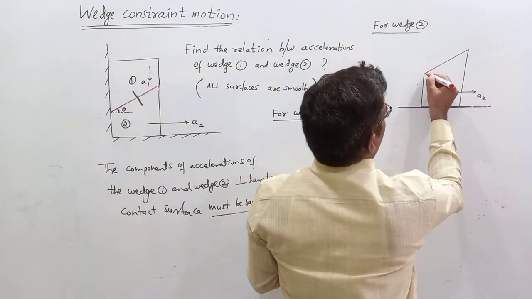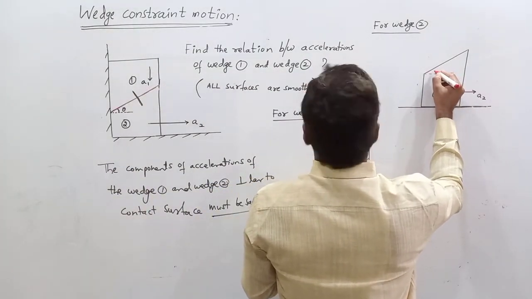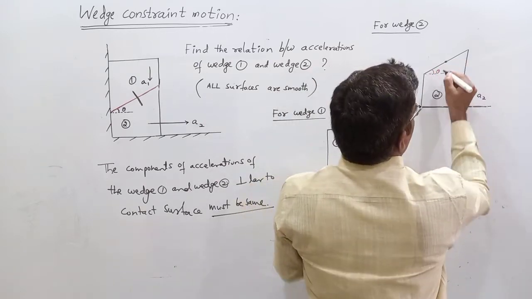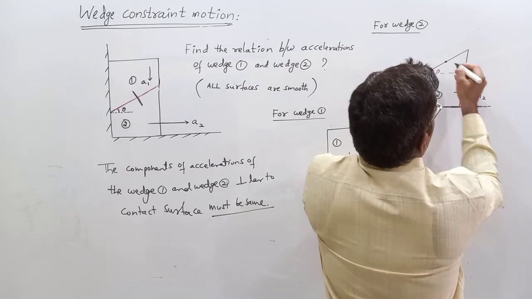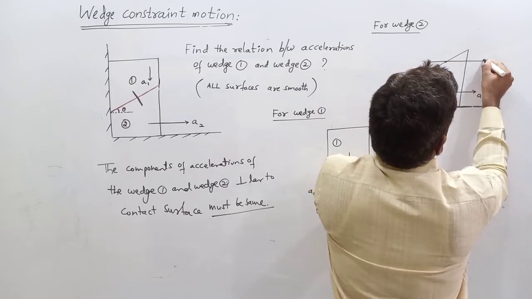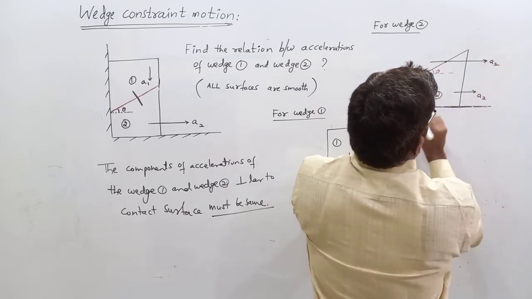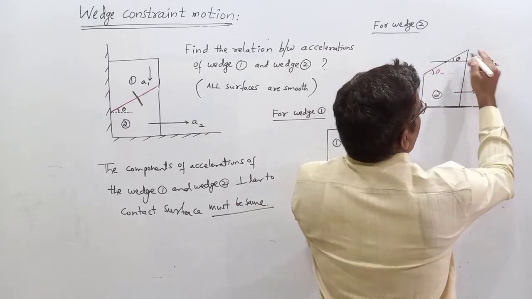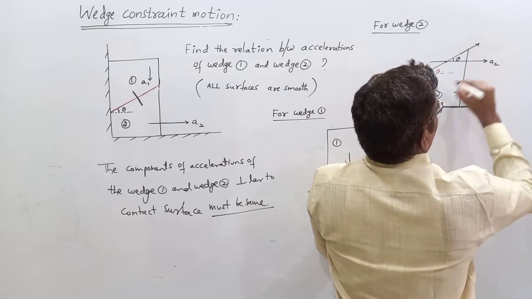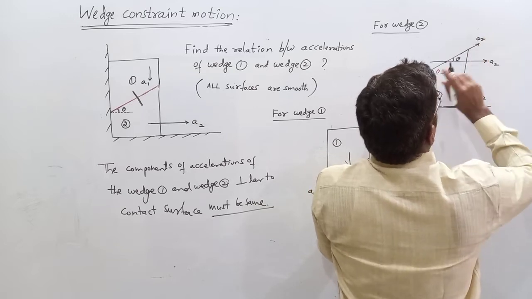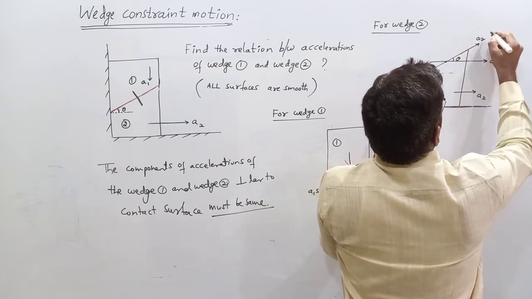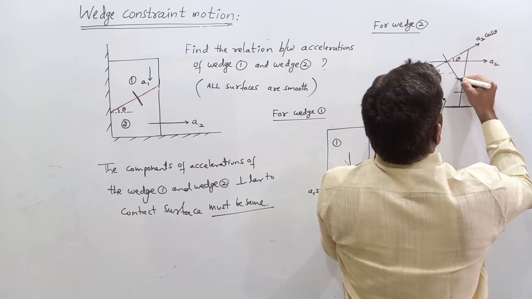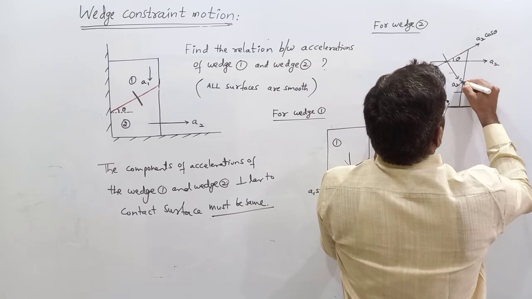This angle is theta. It moves horizontally, meaning each and every point moves horizontally on this side, A2. We know this is theta, this is also theta. A2 can be resolved: along the contact surface, A2 cos theta, and perpendicular to the contact surface, A2 sin theta.